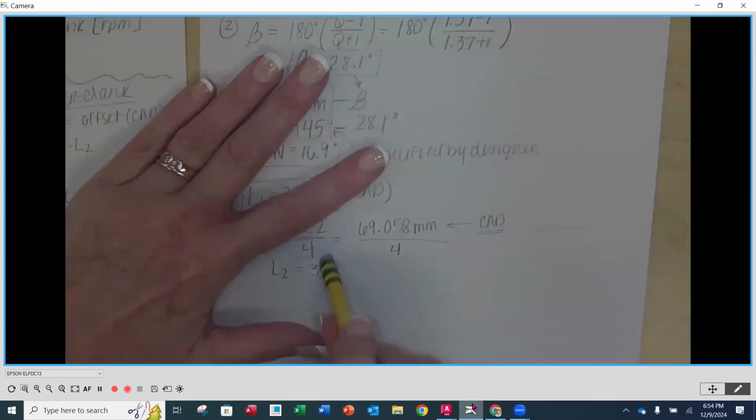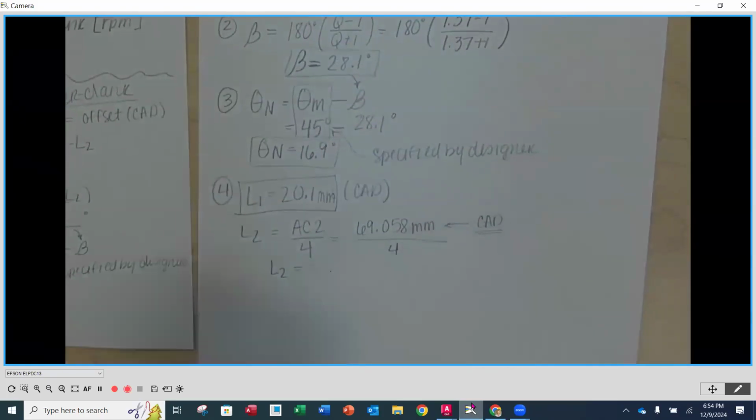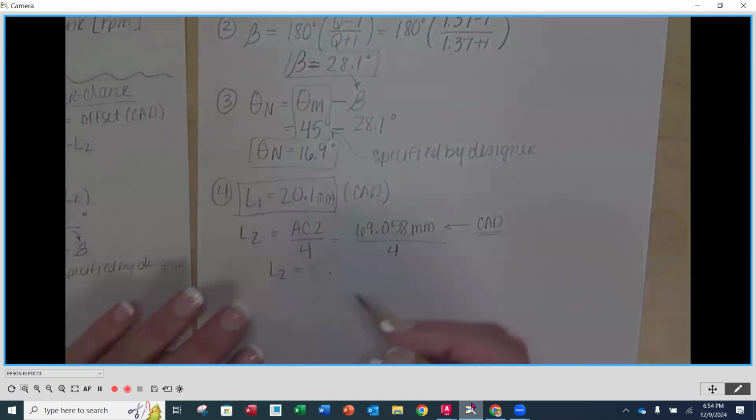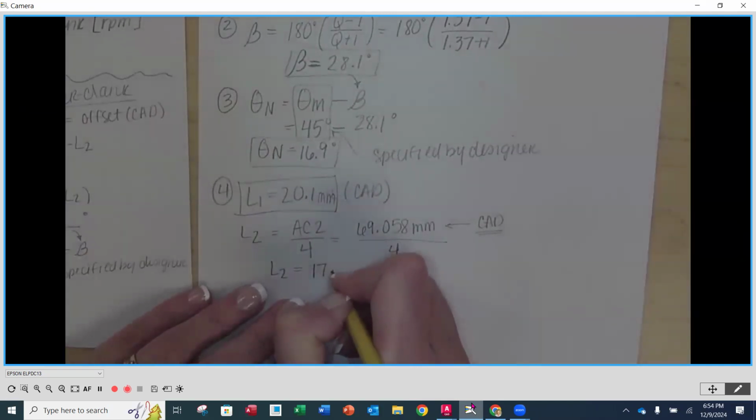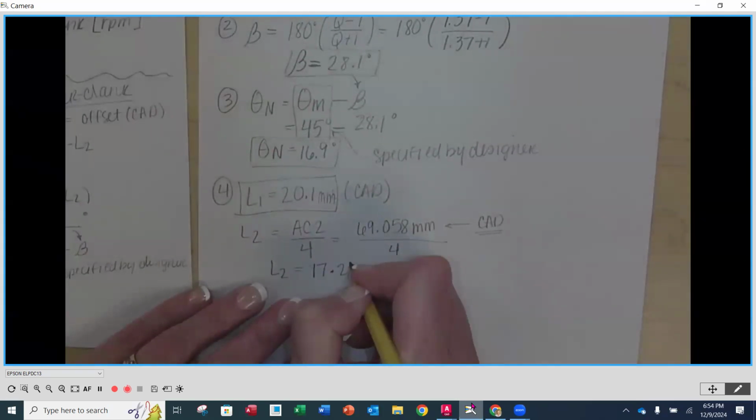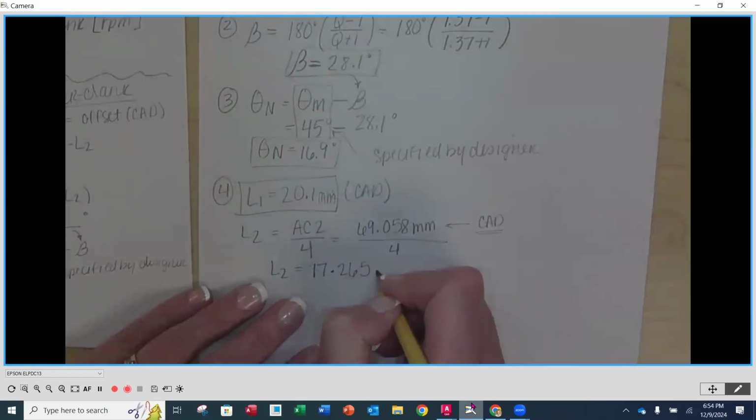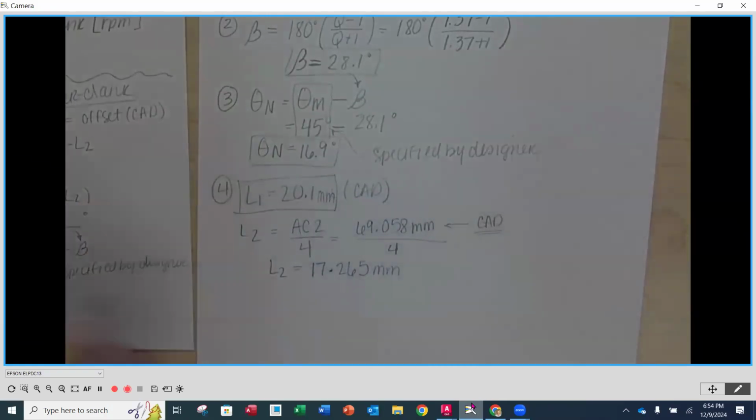Oh, no, not divided by 2. I said divided by 2, but it's divided by 4. There we go. So 17.265 millimeters.